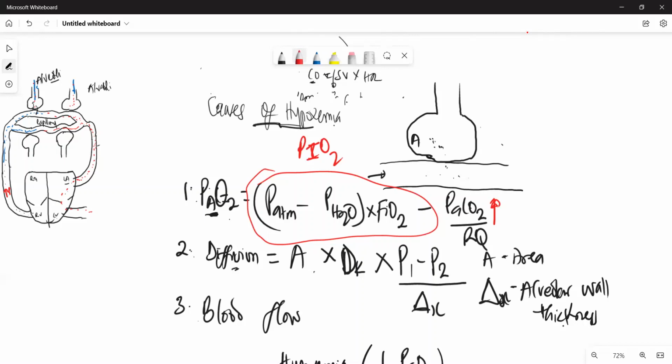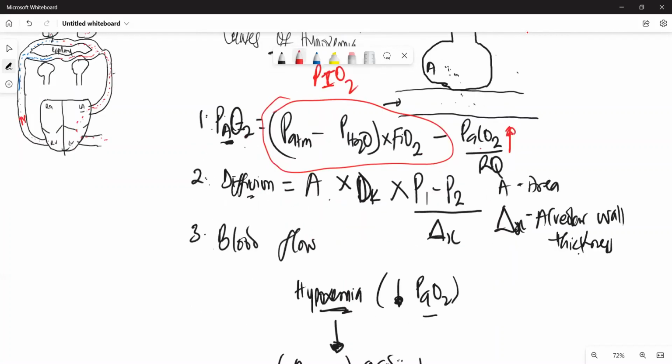So if anything decreases the partial pressure of oxygen in the inspired air, that will also decrease the oxygen in the alveolar, and that will decrease the oxygen in the capillary. So that will cause hypoxemia with normal AA gradients. So that's how I imagine them. Two major causes of hypoxemia with normal AA gradients: hypoventilation because of an increase in carbon dioxide, and a decrease in PiO2. So let's look at them.